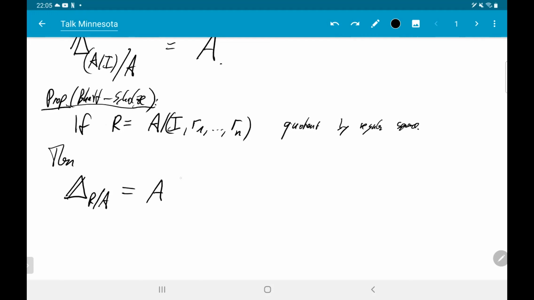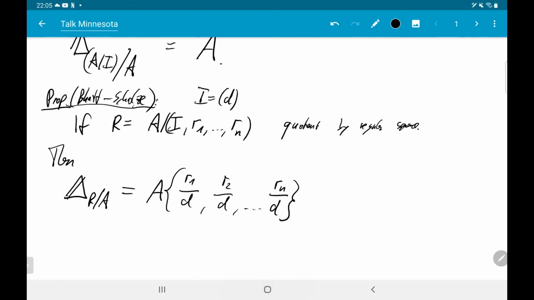And so what happens here is that you need to adjoin certain elements, r_1 over d, r_2 over d, and so on, where let's say d is a generator of our ideal. There's a similar formula, slightly more complicated, if I is not a principal ideal, but let's say we work in this principal case.